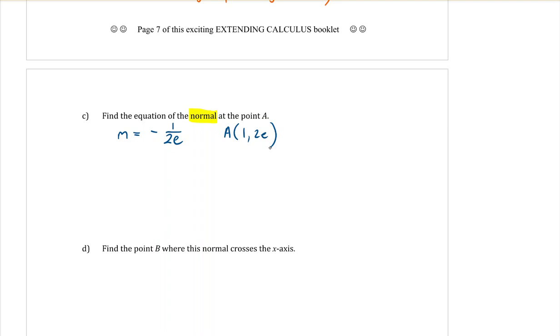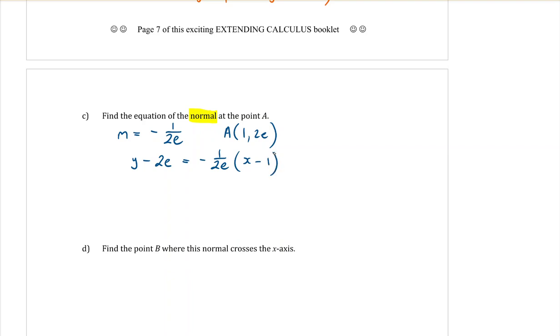How am I going to find the equation? Point gradient formula. So I won't write the formula down again, I'll sub straight into it. Y take away y1 is 2e equals m, which is minus 1 over 2e, x take away x1, which is 1.